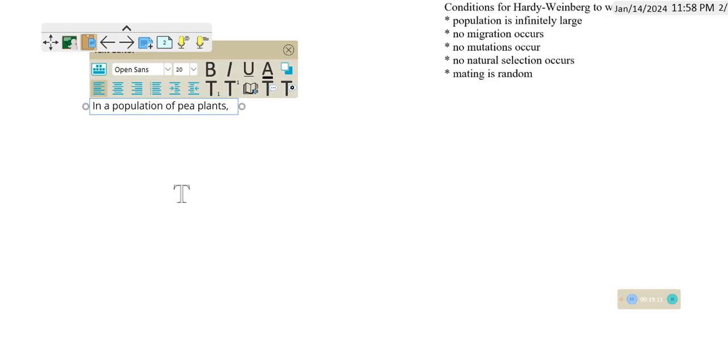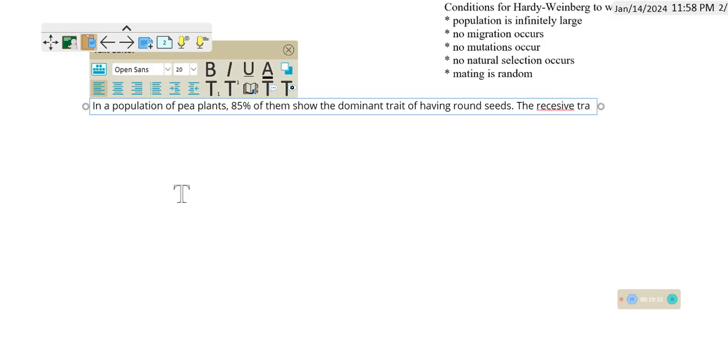Let's use a better number than the one I just had. 85% of them show the dominant trait of having round seeds. The recessive trait is wrinkled.